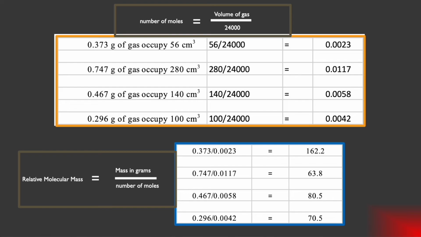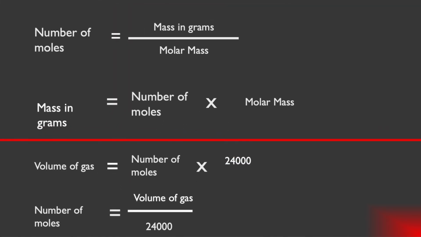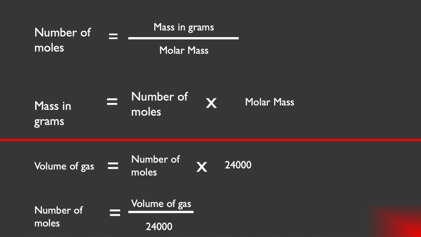And the molar mass is mass divided by number of moles. So we're going to do the mass, which we've been given in the question, divided by the number of moles we've just found out at the top there. And that gives us our molar mass as shown below. And there is a summary of the equations that we have learnt so far.